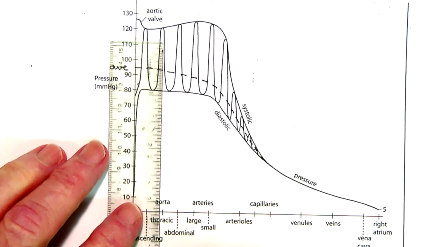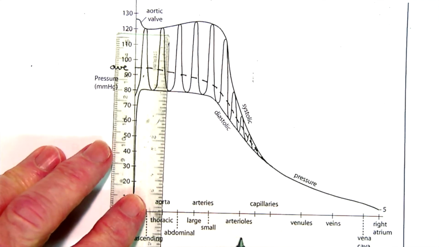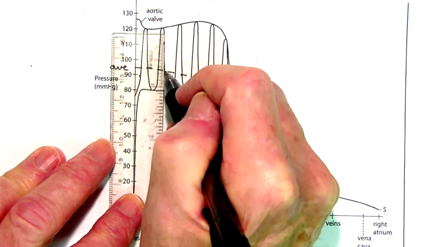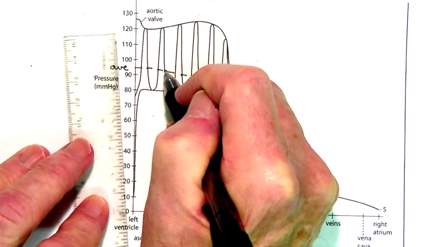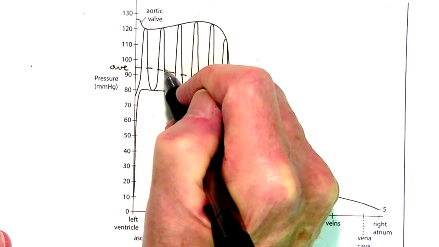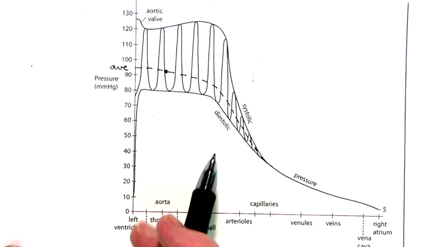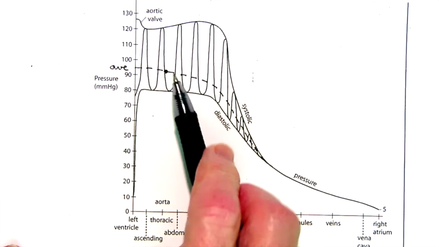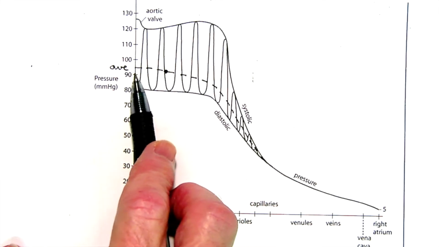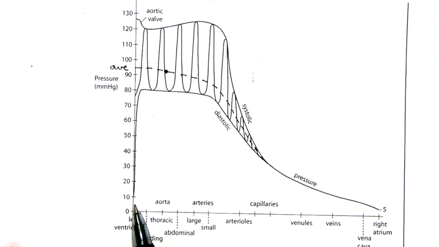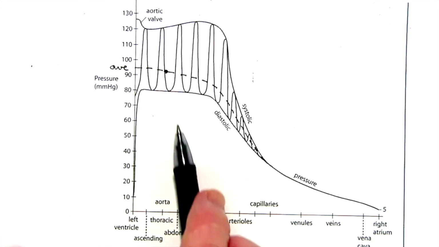And at that point, we'll put a ruler and go straight up to where that ruler crosses the average line, which is this point right here. And I'm going to say that that is the pressure in the aorta on average. You can go off to the left there and just estimate what the pressure is on the scale on the left for the pressure in the aorta on average.